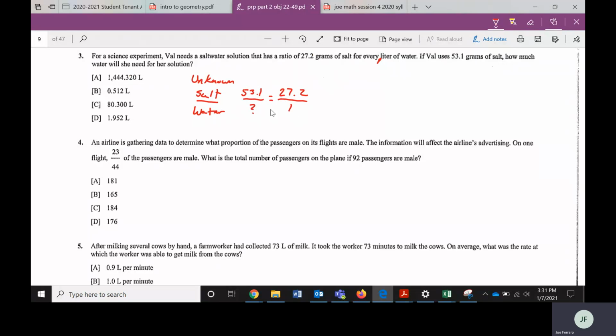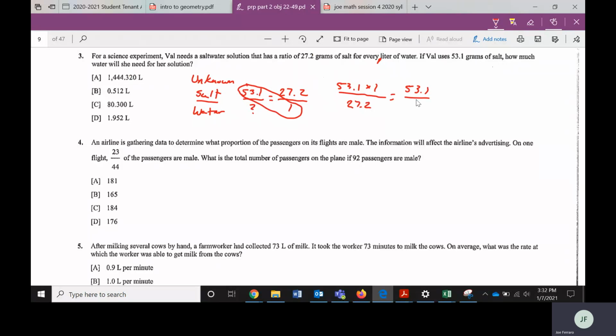So now what we do, again, cross multiply and divide. Take the diagonal with two numbers. And again, that's going to be easy multiplication because it's 53.1 times 1, and then divided by the other number, which is 27.2.